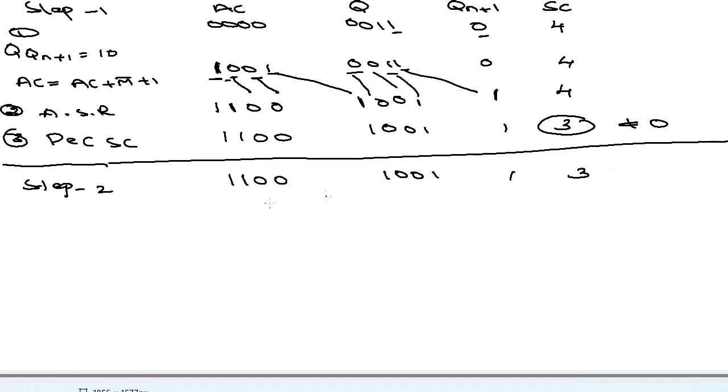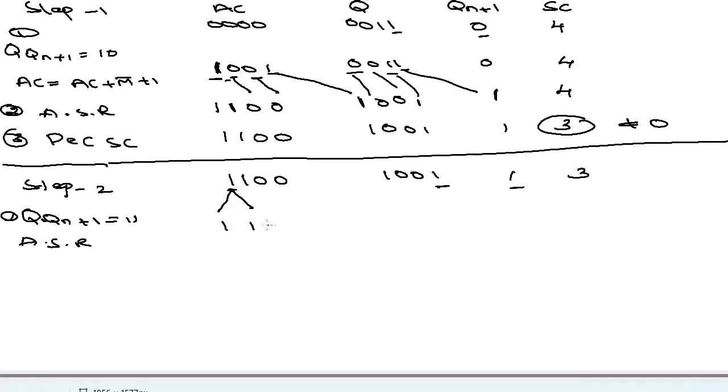Now the second process is again to compare the Q and Qn plus 1 values. The Q0 value is 1 and Qn plus 1 is also 1. If both are 1 1, we simply perform the arithmetical shift right. Whatever the most significant bit of the accumulator is, it is written 2 times.